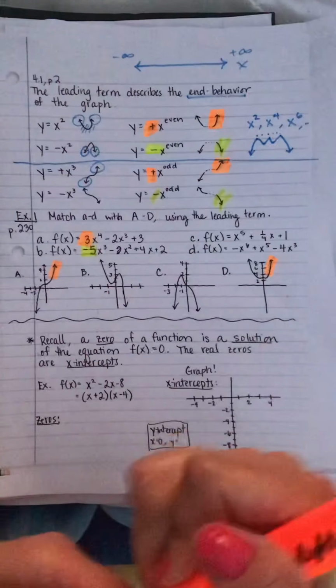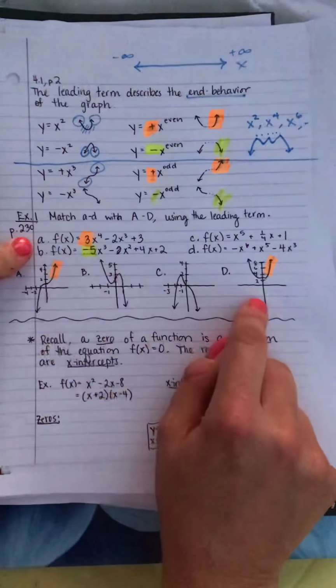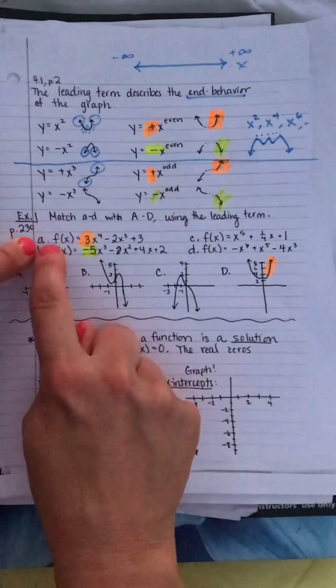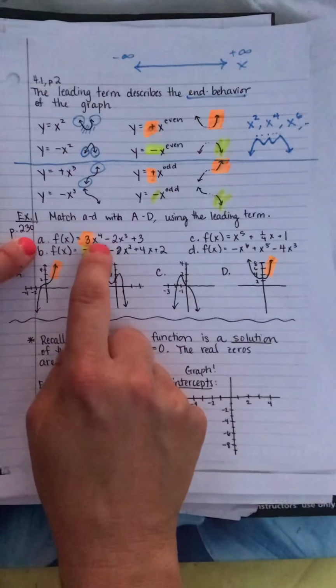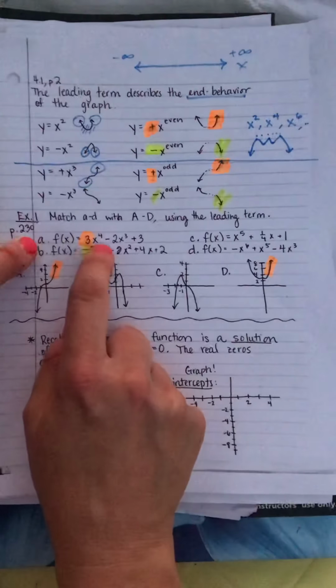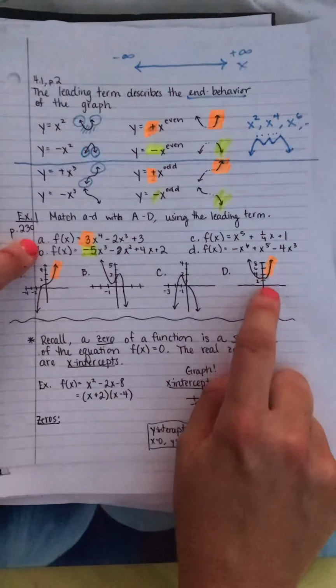So just by doing that, I know that part A is either capital A or it's capital D. Now I know that since A is x to the even power, both ends are going to go either up or down. Since it's positive, I know both sides are going to go up. So this little a matches with this capital D.